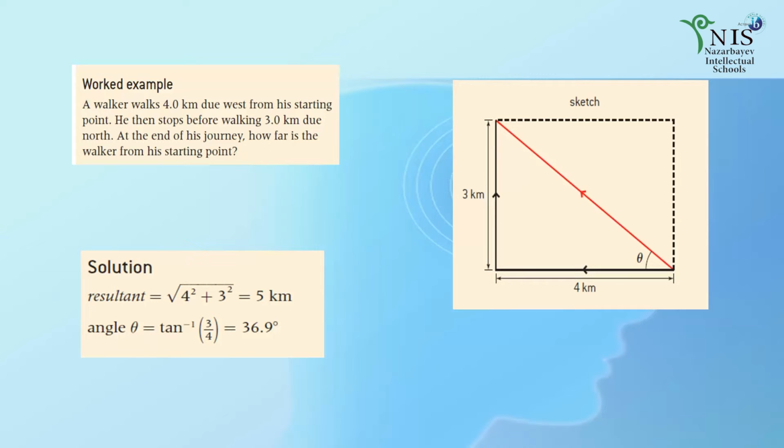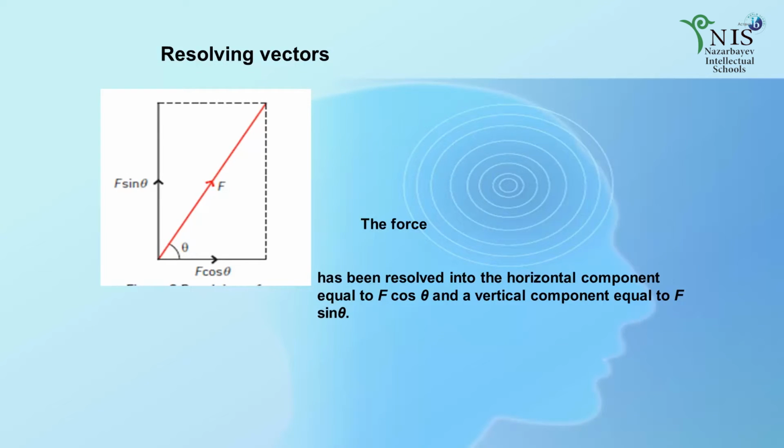You can use the previous formula according to the Pythagorean theorem, because the two vectors are at right angles, so you can use the other side as a resultant, and you can calculate in this way. It's equal to 5 kilometers, and theta is 36.9 degrees.